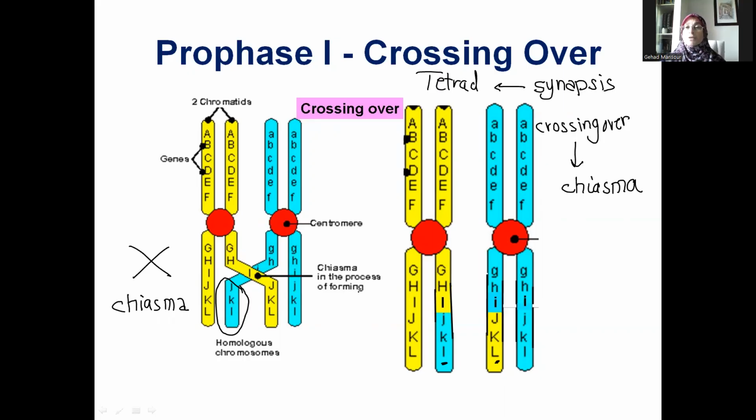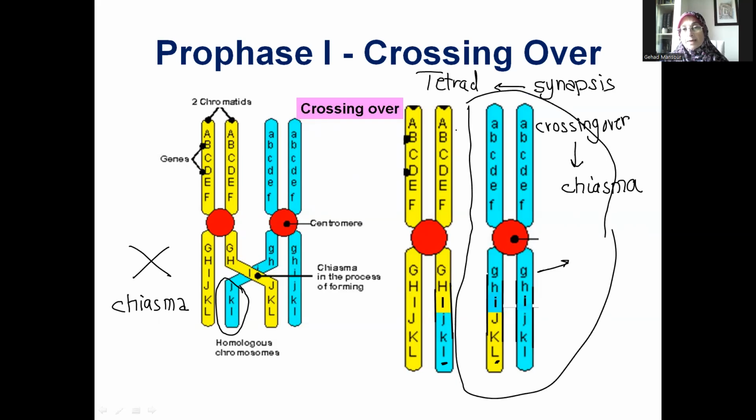Of course, this crossing over and this chiasma result in exchange of genetic information, so that these two whole chromosomes, at the end of meiosis 1, will separate from each other. And at the end of meiosis 1, during telophase and then during cytokinesis, they will be lodged into different gametes.